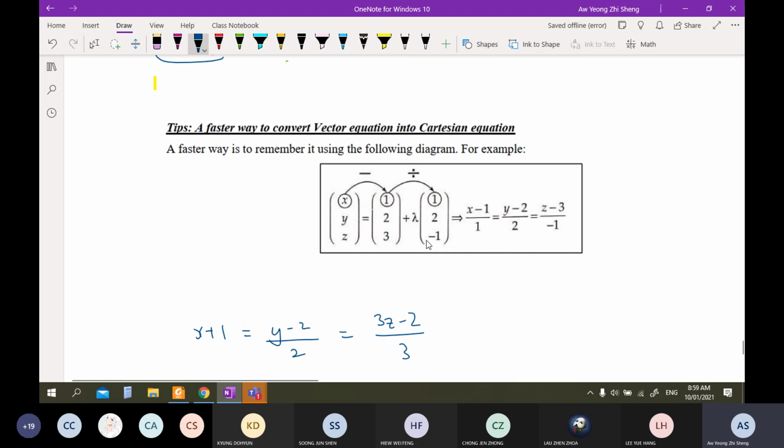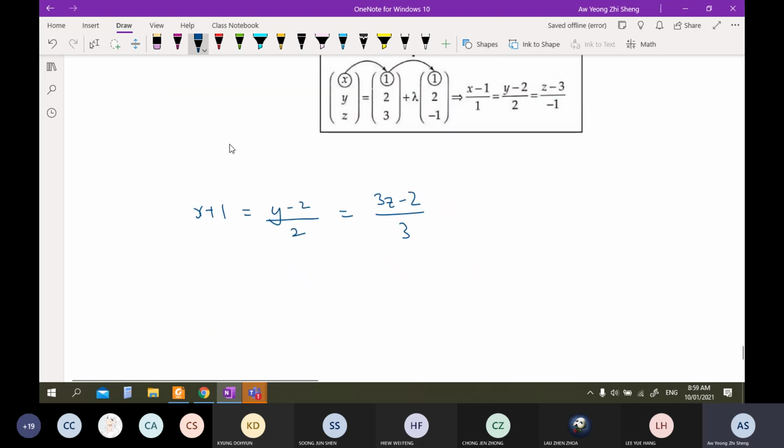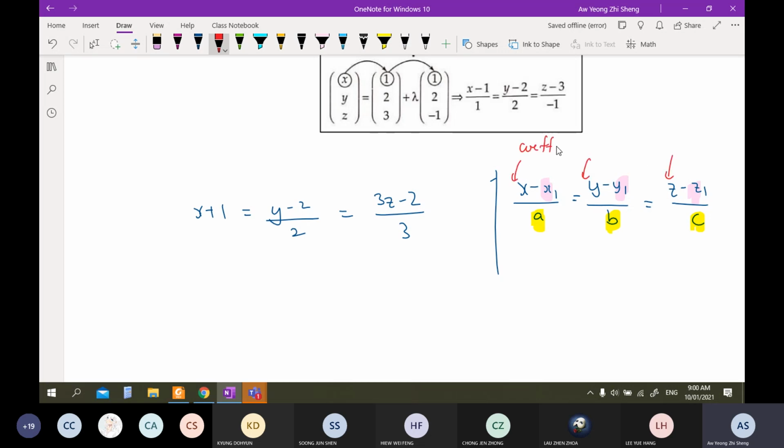For it to be in a readable form, you must have x minus x1 divided by a, y minus y1 divided by b, z minus z1 divided by c. Then only you can extract a, b, c as the direction vector, and x1, y1, z1 as the fixed point on the line. One important characteristic of this, what I call the readable form, is that your x, y, and z have coefficient of 1.